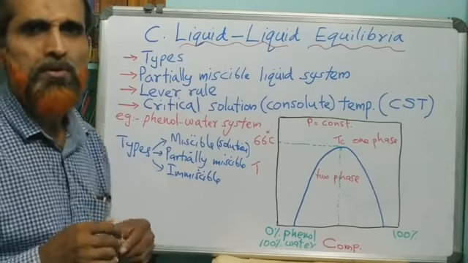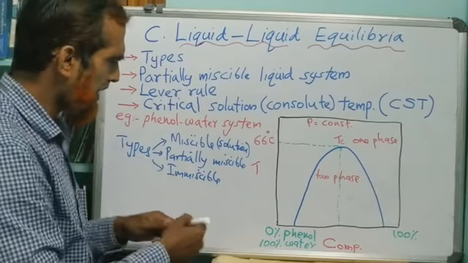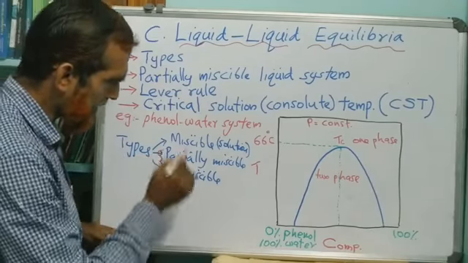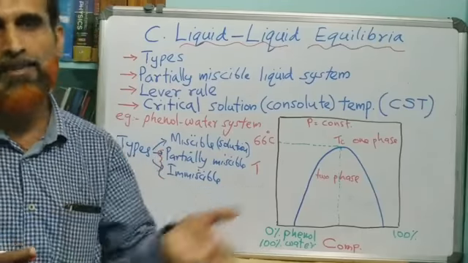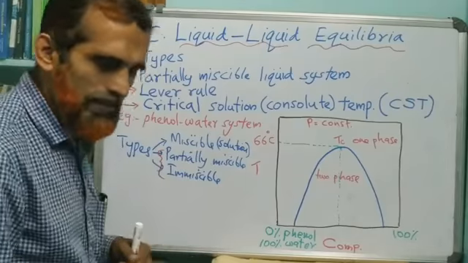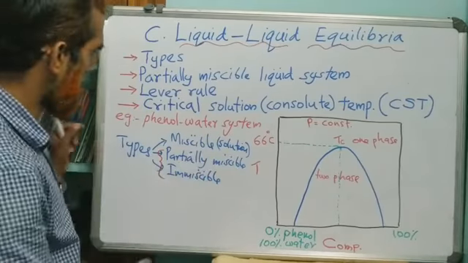In this module of phase equilibria, we are discussing the second two types. The first one is solution, which is dealt with in another module. In this class, we discuss the second one, that is the partially miscible liquid system.